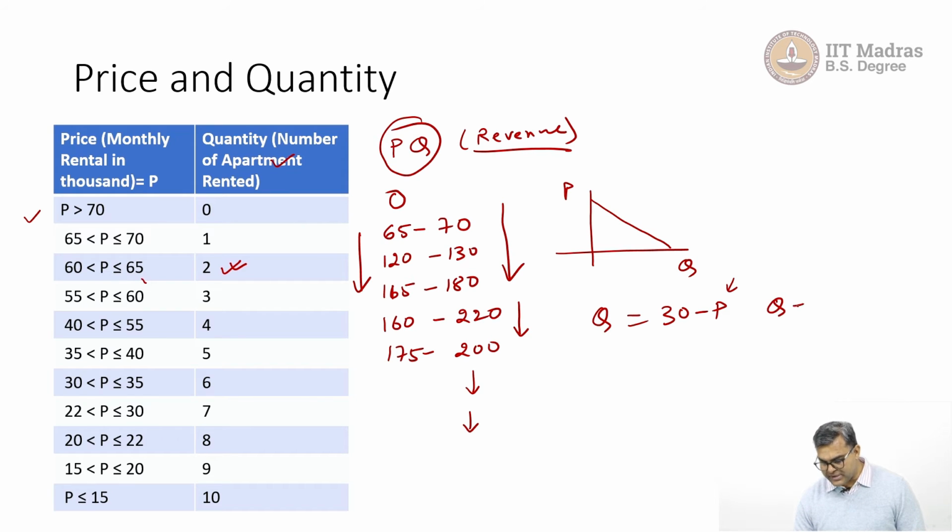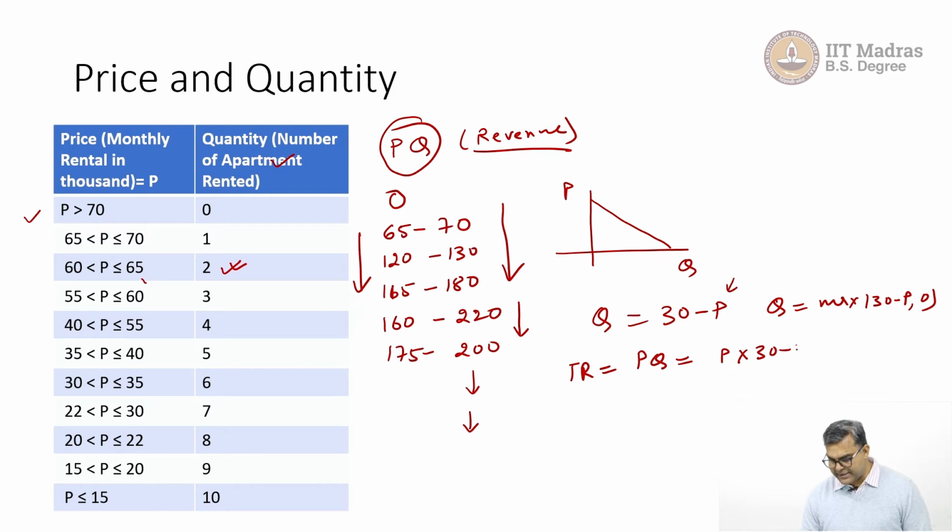So, Q is basically max of 30 minus P comma 0, and if we multiply it with P to get the total revenue, P multiplied by Q. So, in the range of price between 0 to 30, we are going to get P multiplied by 30 minus P, and then it becomes 0.